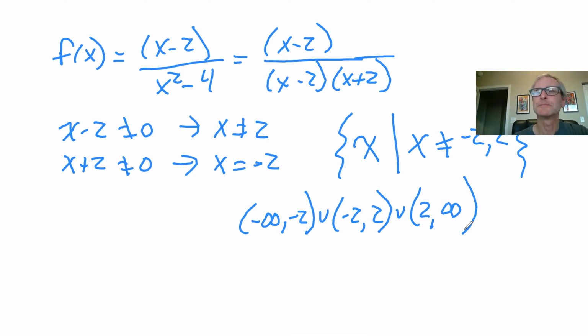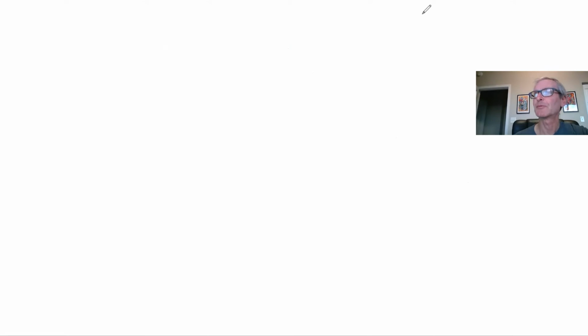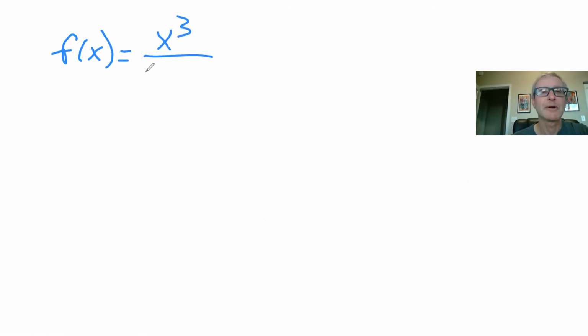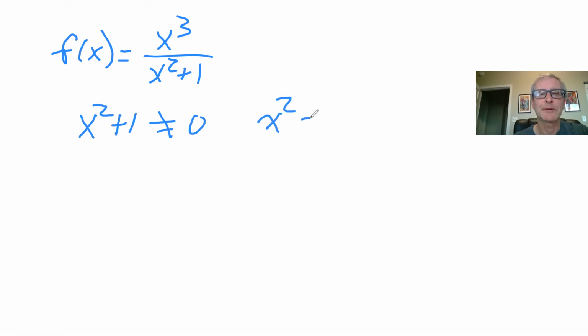Let's do a couple more. So say we had this one, f of x equals x cubed over x squared plus 1. So then you say, okay, x squared plus 1 cannot equal 0. So you would have x squared equals minus 1. And then you say to yourself, can I do this?